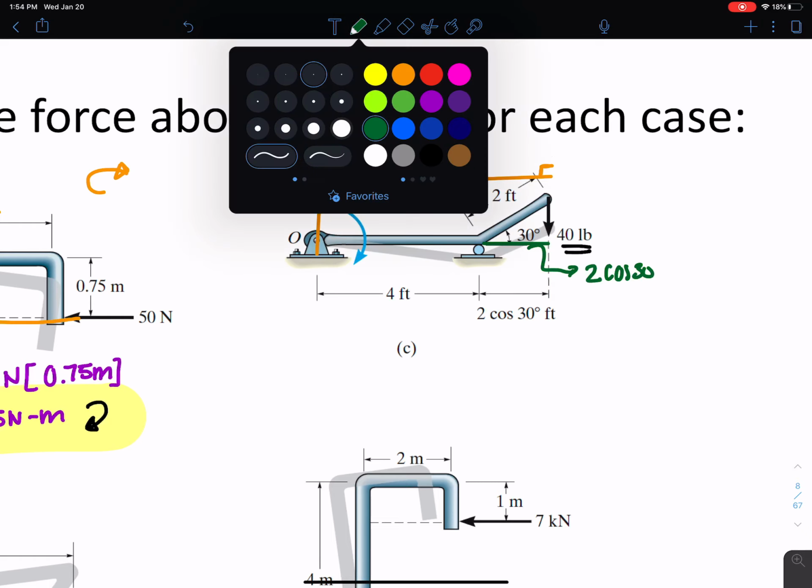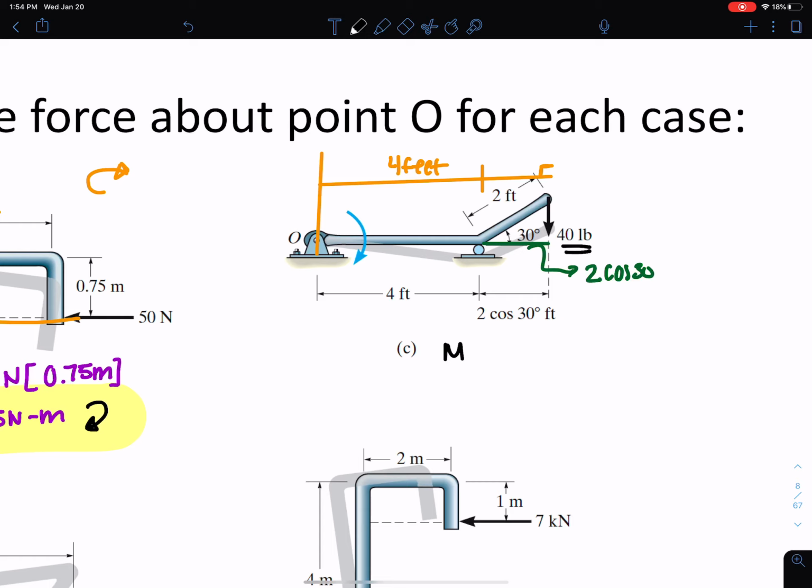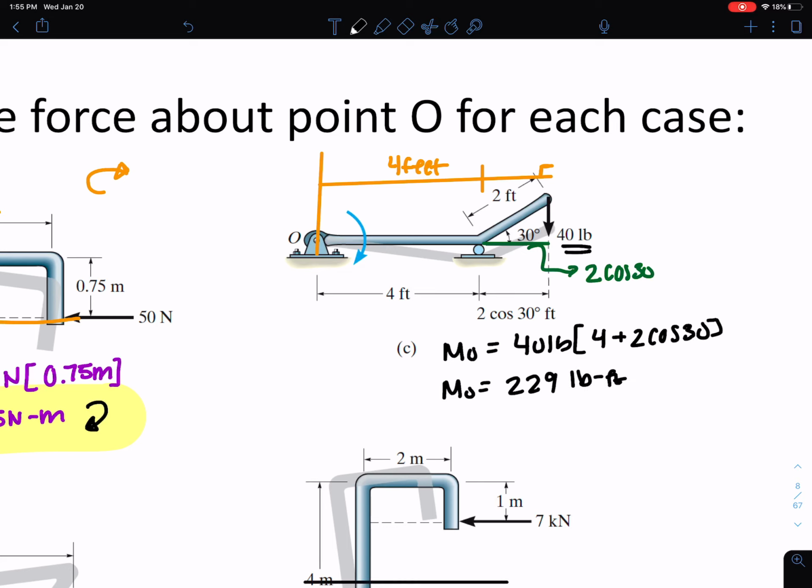Okay, so now I have MO is equal to the 40 pounds times my moment arm in brackets, which is going to be 4 plus 2 cos 30, and I get MO is equal to 229, and this is in pound feet.